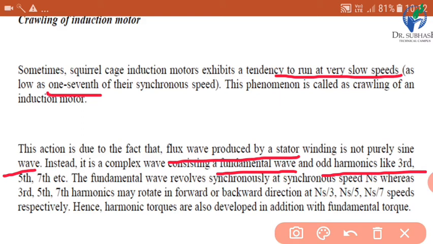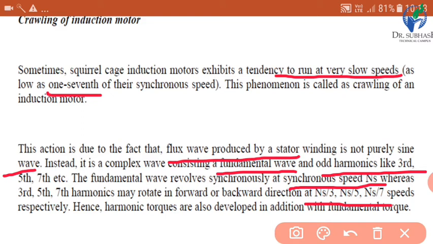The fundamental wave revolves synchronously at synchronous speed. The speed of the fundamental wave is always synchronous speed Ns, whereas the third, fifth, and seventh harmonics may rotate in the forward or backward direction at Ns/3, Ns/5, or Ns/7 speeds respectively.